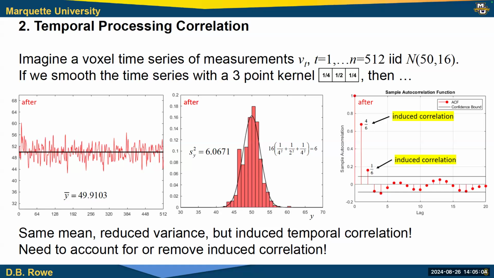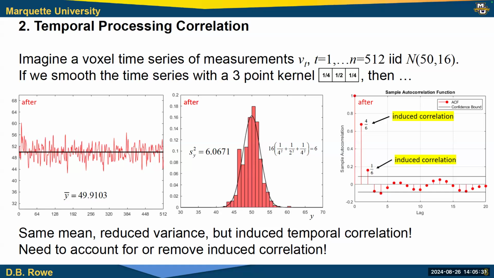I have the weights here. But what happens is now you have induced a correlation between the successive time points from the averaging. Here, this is the AR correlation, right, from shifts back in time, but it's also forward in time from this averaging. And this is a significant correlation that's induced, 2/3 from the next time point.